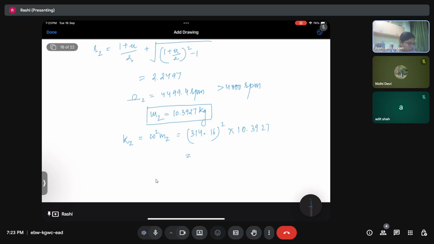This will turn out to be 1.0188 into 10 to the power 6, or mega Newton per meter.